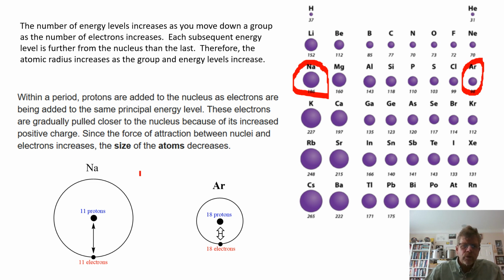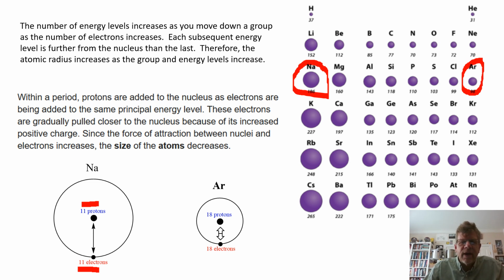Well, it's all to do with opposites attracting. In a sodium atom, what we have are 11 protons in the nucleus and 11 electrons, canceling each other out. There is actually, because they're opposite charges, an attraction there. And that attraction tends to pull those electrons in a little bit because they attract one another.